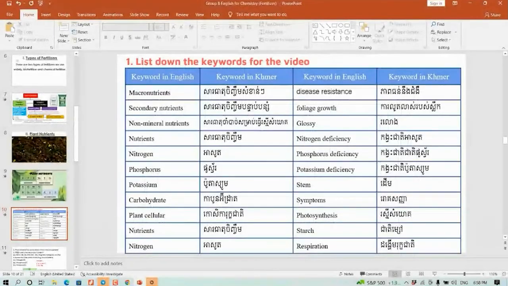Yes, I can. Can you give me some keywords that you have written down? Non-mineral nutrients. Yes. Any other? How about the other teacher? Can you give me some?